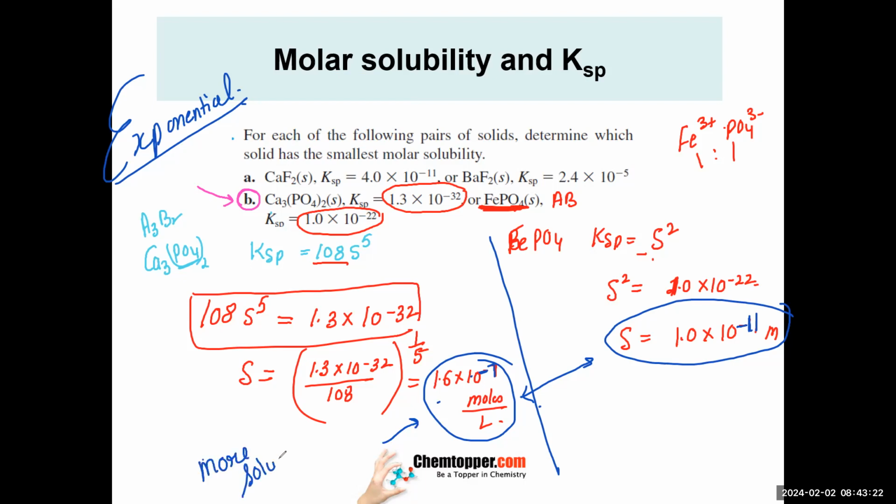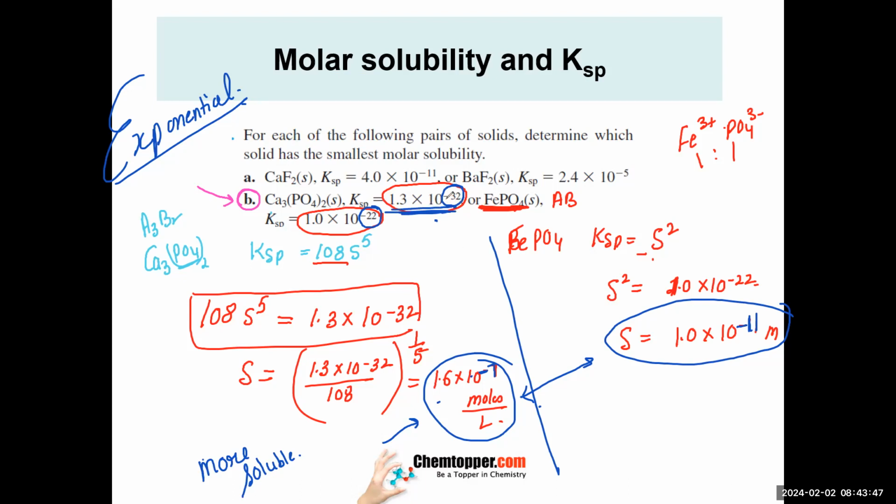And Azuni is asking a question. Children, can you help her? She's saying this Ksp is more. Which one is more, minus 32 or minus 22? Yes, so this one is less.